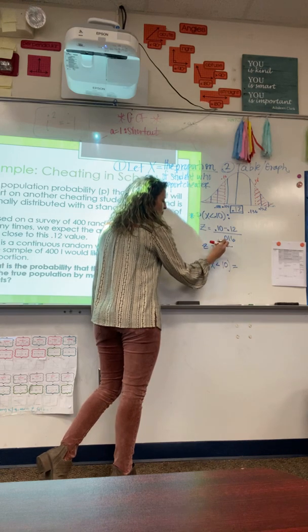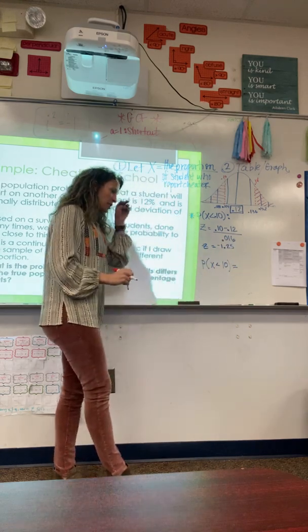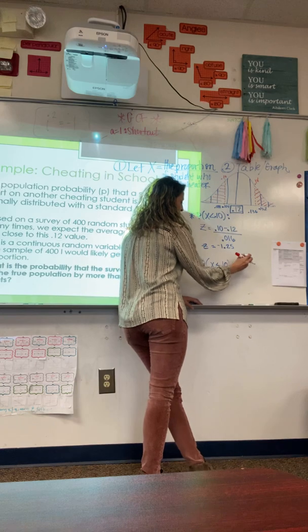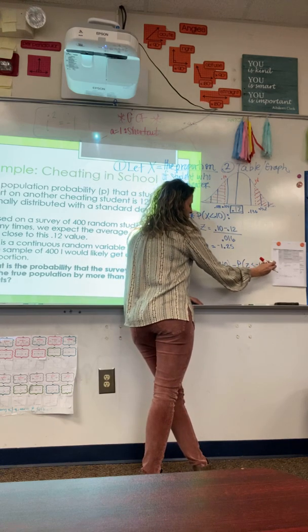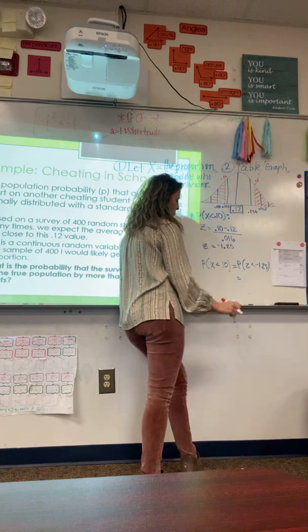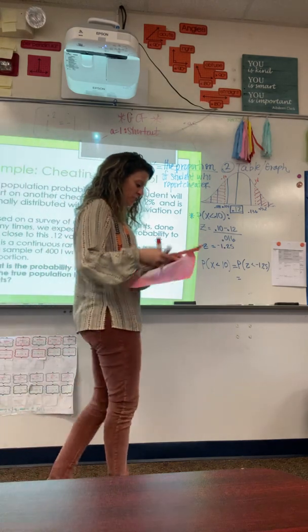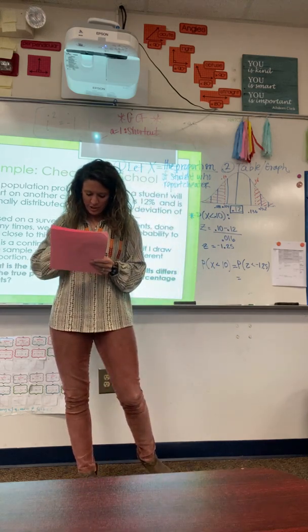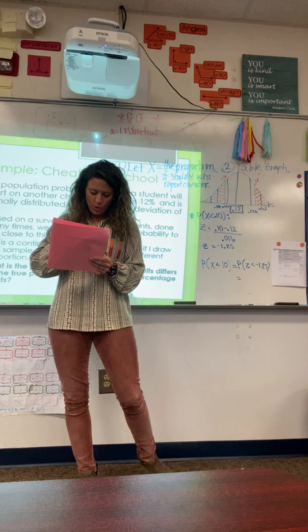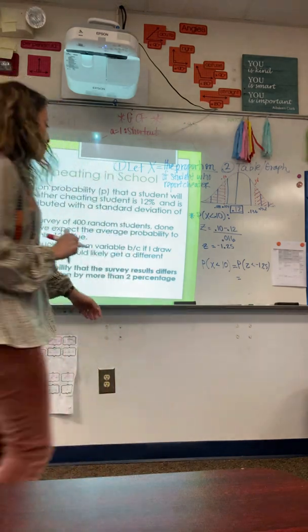Negative 1.25. All right, so now look up your p-value. Do you remember how to use the table? All right, negative 1.25. Did you get 0.1056? 0.1056 is what it looks like.